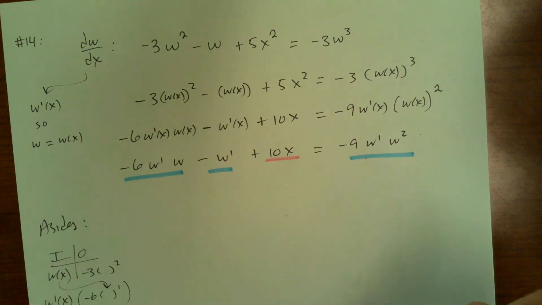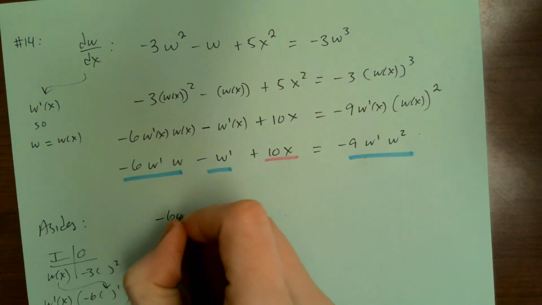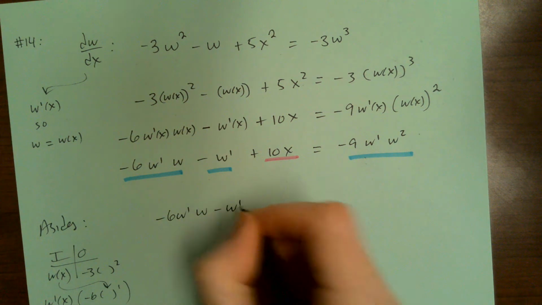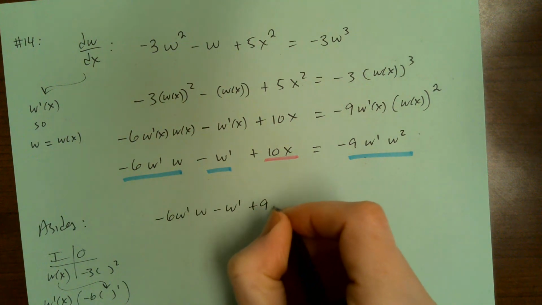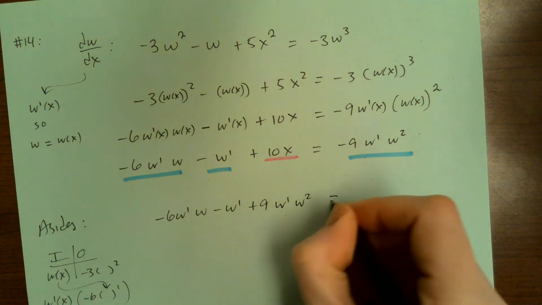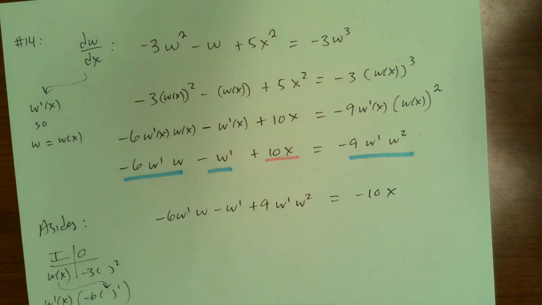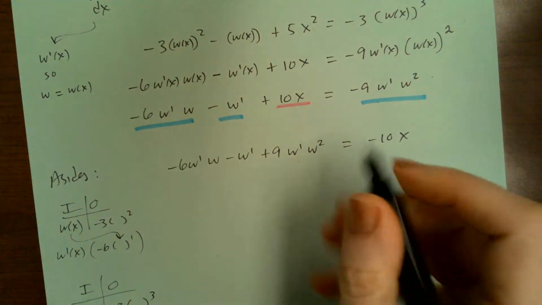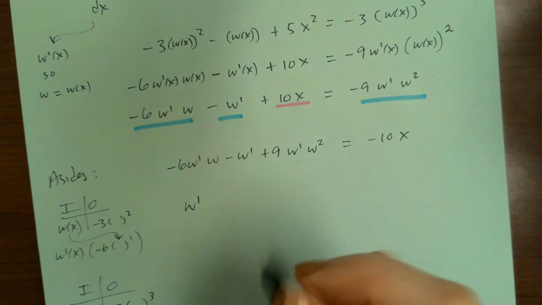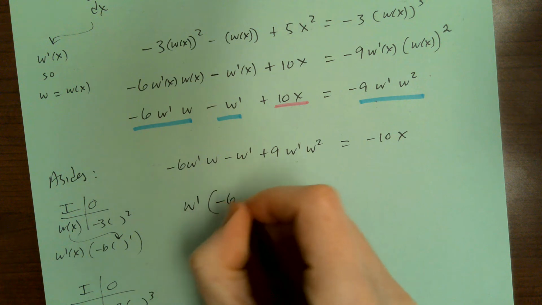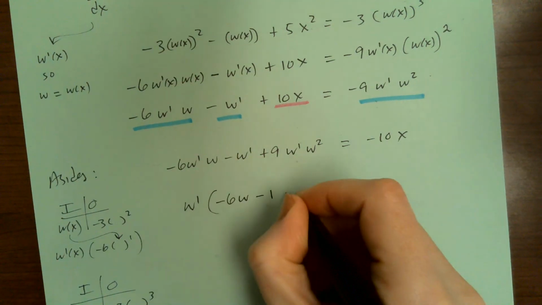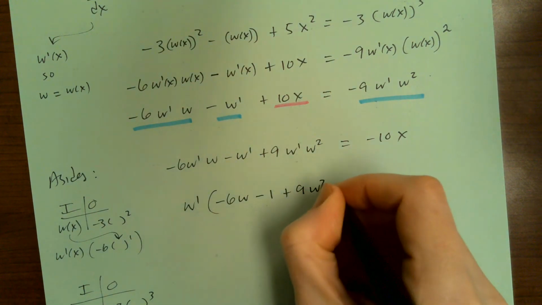So I end up with negative 6 w prime w minus w prime plus 9 w prime w squared equals negative 10x. Then I'm going to factor out a w prime: negative 6w minus 1 plus 9w squared.